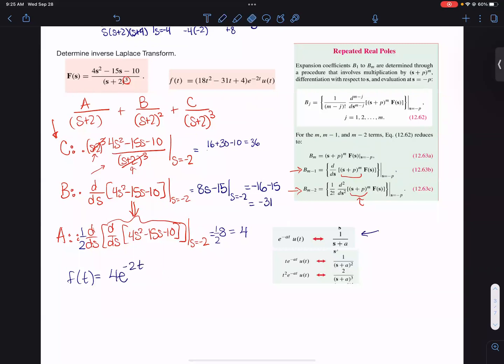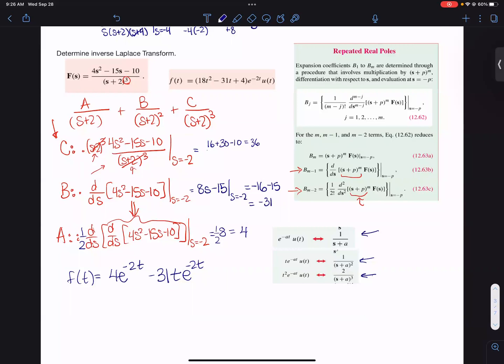I'll save the u(t)'s till the end. And then B is going to be the -31, and that is t in there, e to the -2t. And then the third is going to be a 30, oh wait, I have 36.